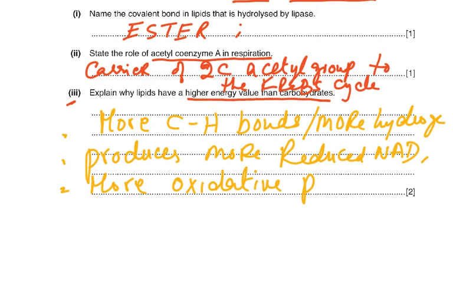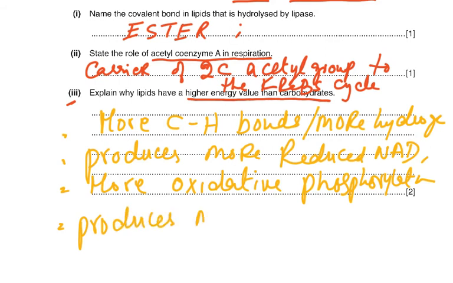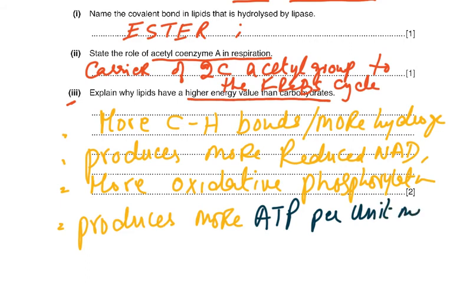Or you could have said more chemiosmosis or more aerobic respiration. You know every NADH gives you 3 ATP, so it produces more ATP per unit mass, or you could have said per gram.